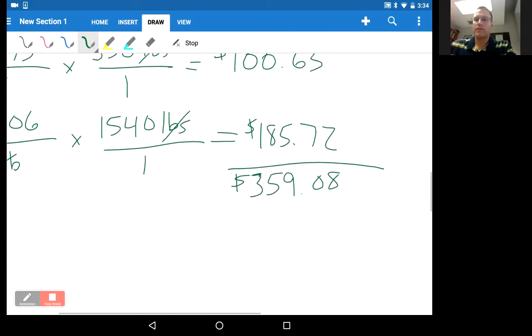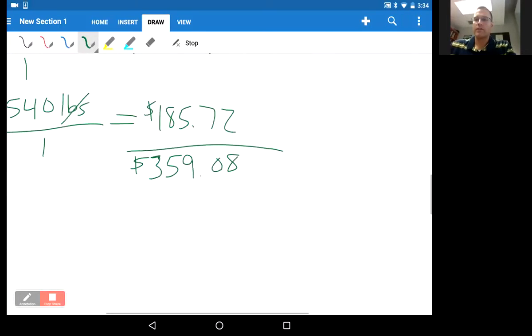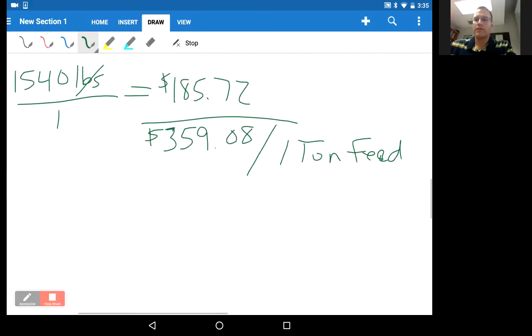So that's per 1 ton feed, which is 2,000 pounds. I'm wanting to know what's the cost per pound. So I could show this units cancellation, but I think at this point, if you know it's $359.08 per ton, and you know a ton is 2,000 pounds, you can divide 359.08 by 2,000.